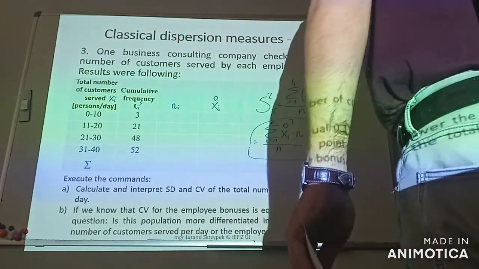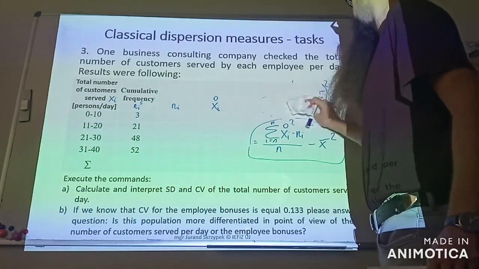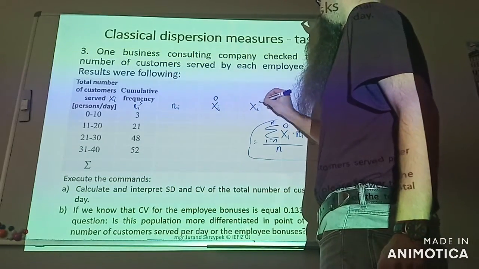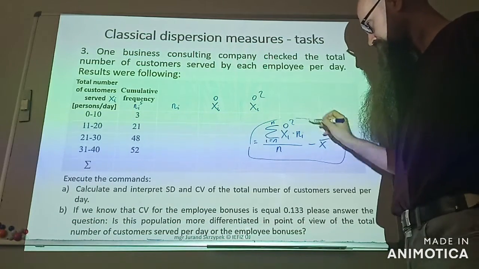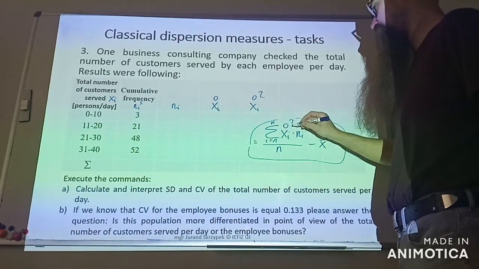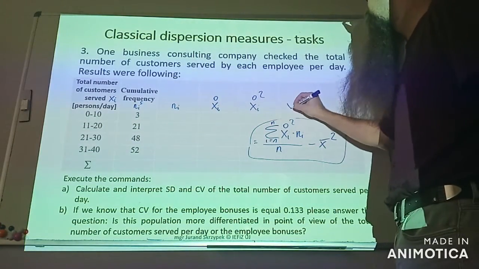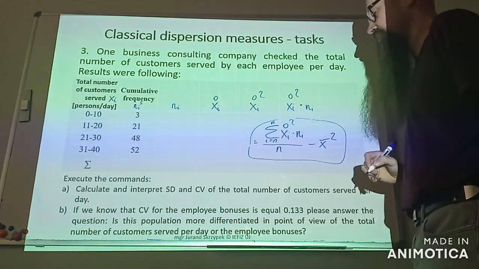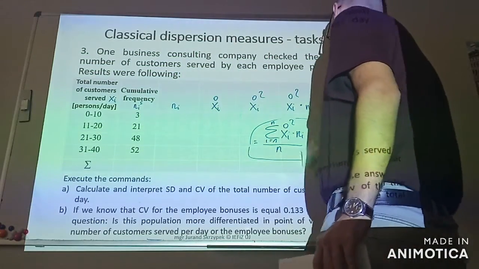Of course, I need the column squared middle of the classes, and finally, at the last stage, I need the product of squared middle of the classes and the frequencies. Squared middle of the classes multiplied by the frequencies. Okay, let's start the calculation.